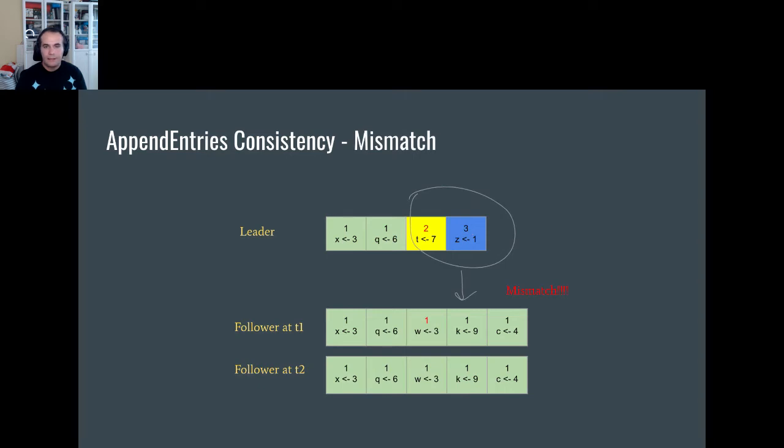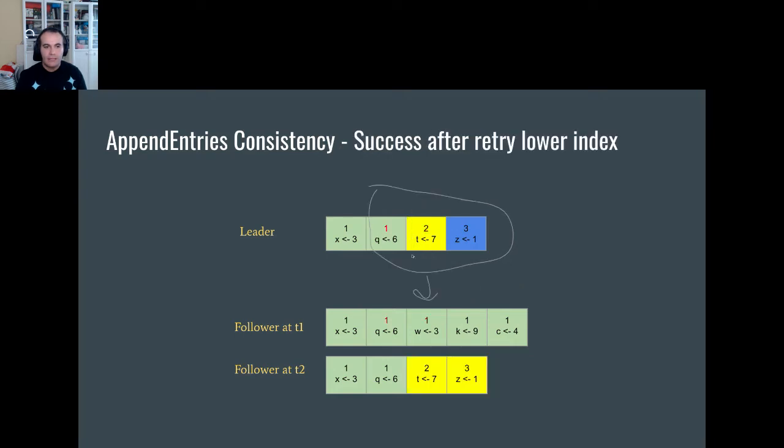And let's see about mismatch. In the leader, let's say that we had two items here, logs, and there are two more. And as you can see in the follower at time t, they are mismatched. So three mismatch, two mismatch. But there is a match here. In this case, what the leader will do is retry again and again by decreasing the index here.